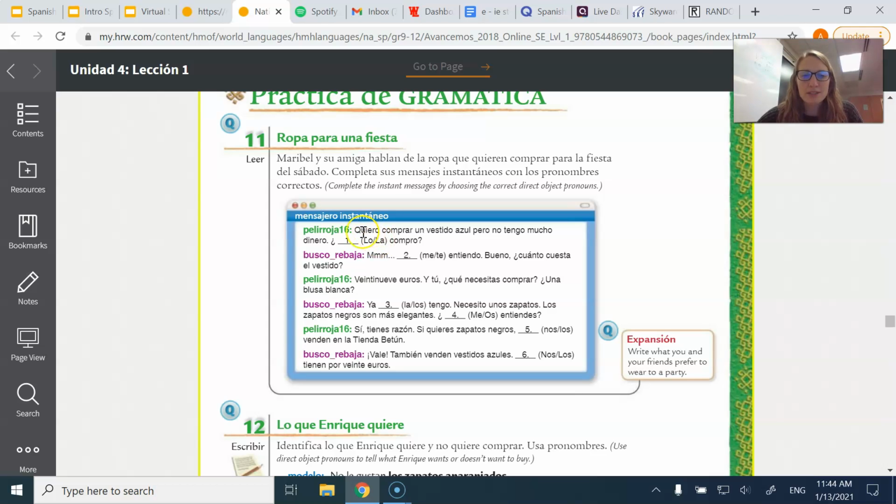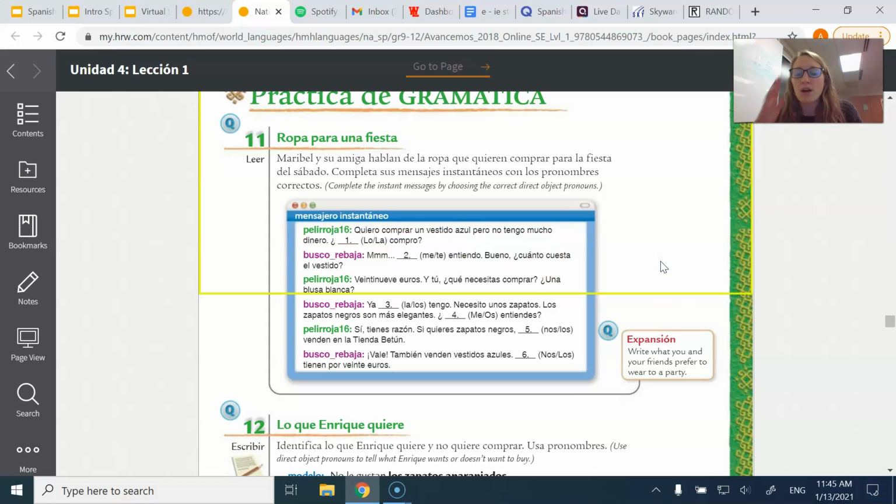So let's go back to the sentence. Quiero comprar, I want to buy, un vestido azul. So she's saying, I want to buy a blue dress. Pero no tengo mucho dinero. I do not have that much money. So she's asking, should I buy it? Compro would be the yo conjugation of comprar, so I buy. So here is going to tell us everything we need. Un. That tells us it's singular and masculine.